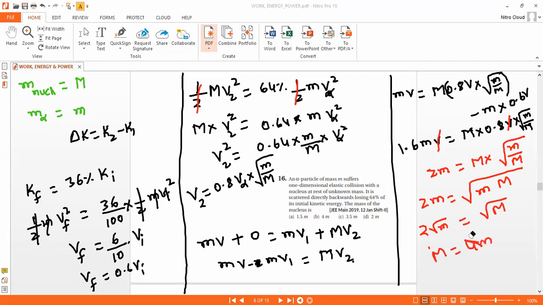That is option B. If it is an inelastic collision, we have a direct formula. Otherwise, this is the method.